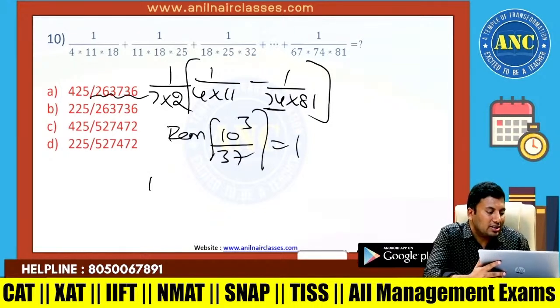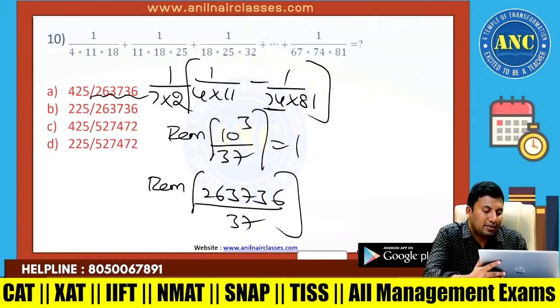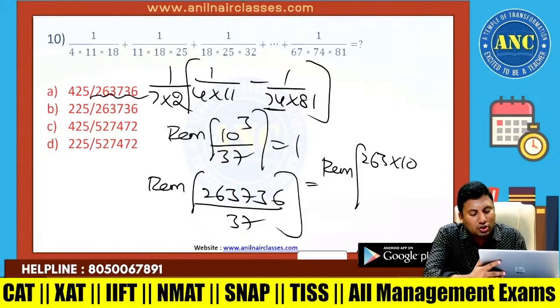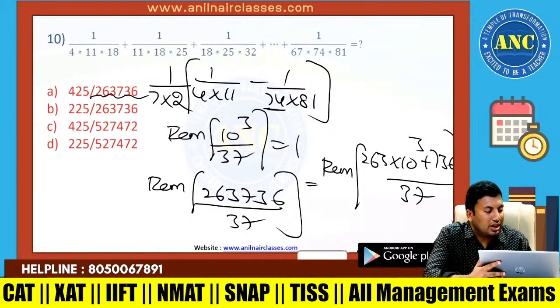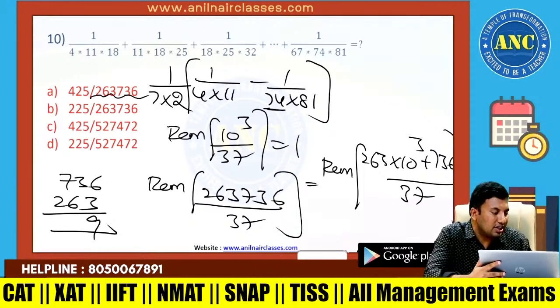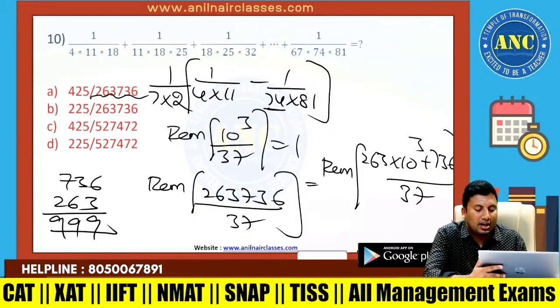Let me take this value: 263736 divided by 37. This is nothing but the remainder of 263 into 10 cube plus 736 divided by 37. 263 plus 736 is 999.